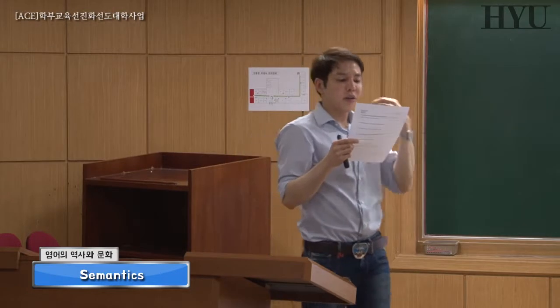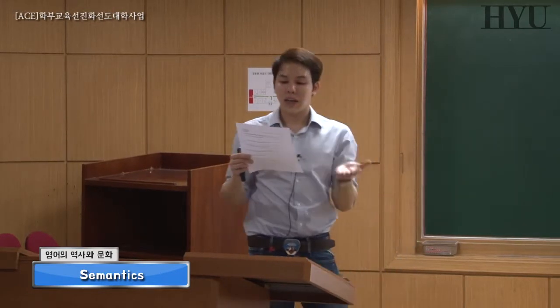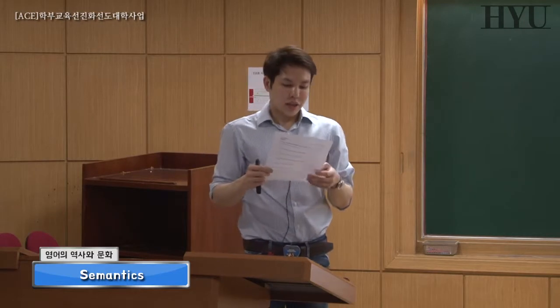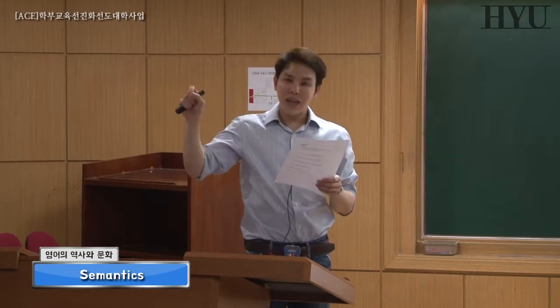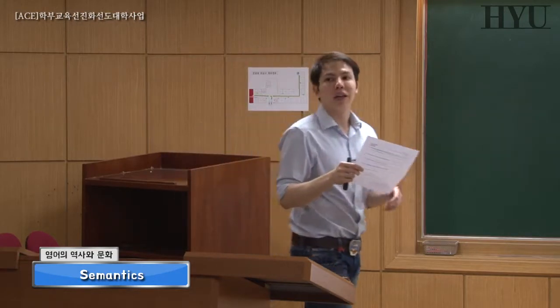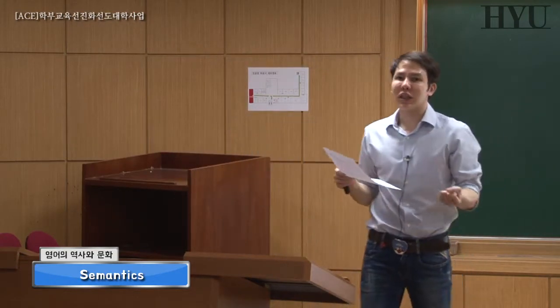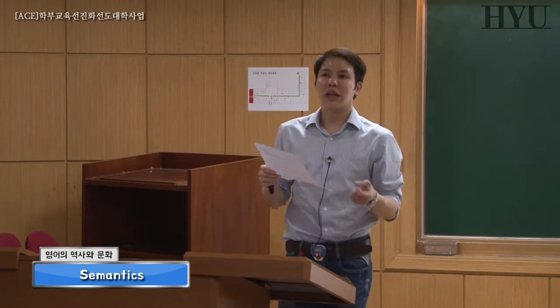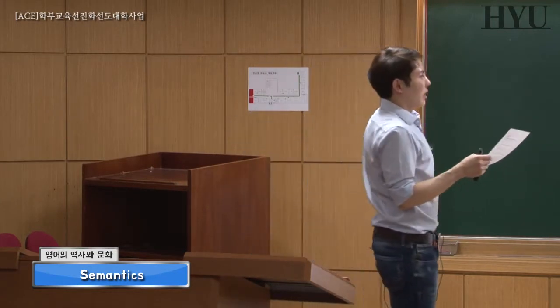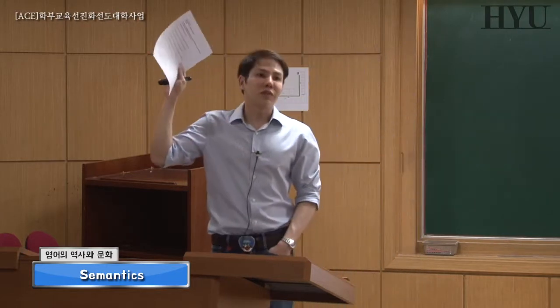You should check, I asked you to check whether A entails B or not. So if A is true, B has to be true without any exception. If there's an exception that B is not true, then it's not entailment. So now we are looking at examples of entailment.